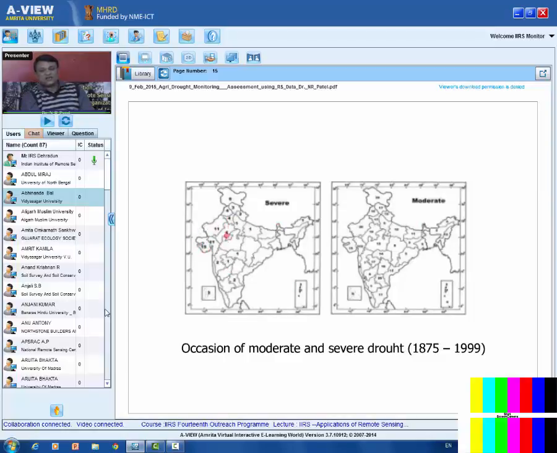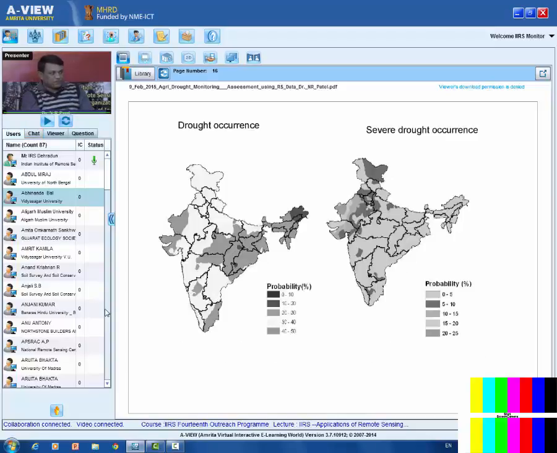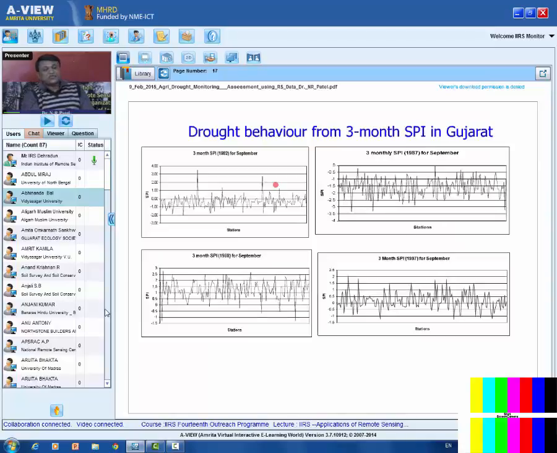These are the areas where high frequency of drought occurrence is there. You can see the probability of occurrence is high, particularly here, and here also the probability of severe drought occurrence is more.